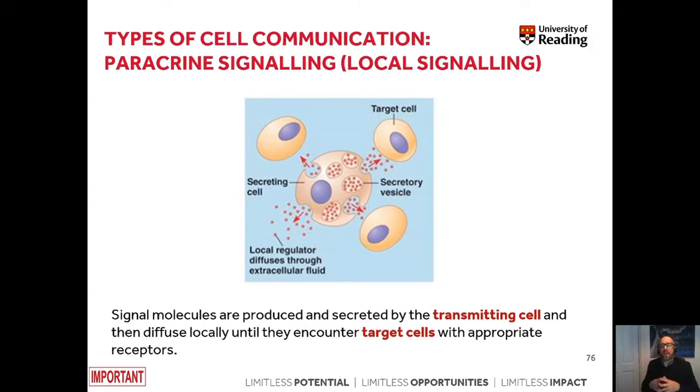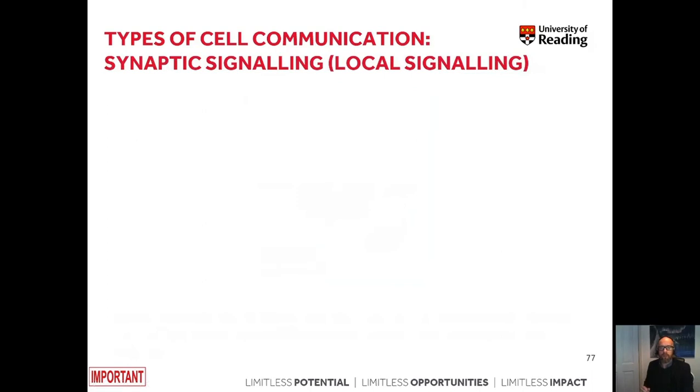So signal molecules are produced and secreted by the transmitting cells and then diffuse locally until they encounter target cells with appropriate receptors. A very special type of paracrine signaling is synaptic signaling.